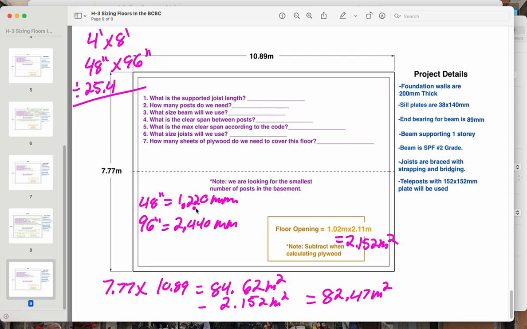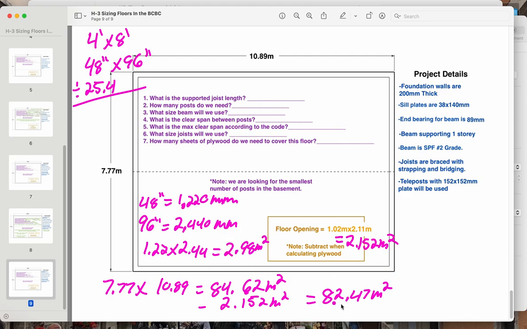So now we have 1.22 meters and 2.44 meters. So 1 sheet of plywood is equal to 1.22 times 2.44, and when we do that, we get 2.98 meters squared. So 1 sheet of plywood covers 2.98 meters squared.